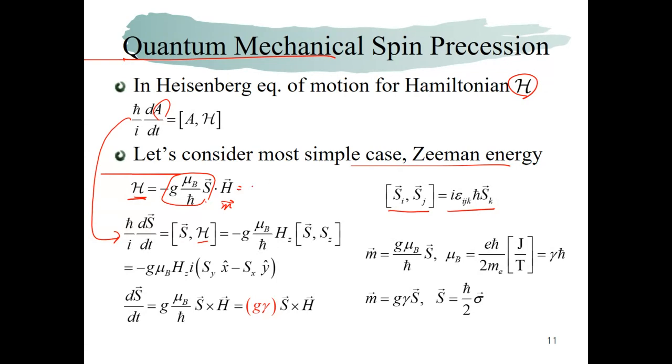We assume the H field, so this is an inner product. We have only S_z and H_z.